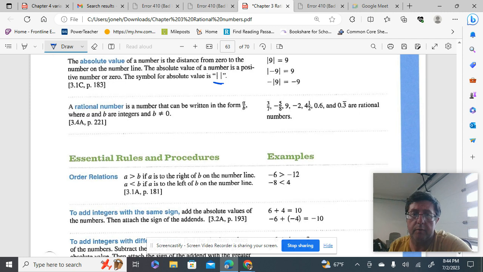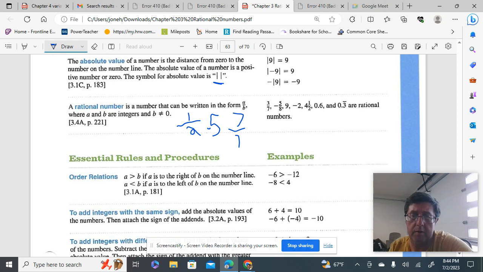If you were to do 1 divided by 2, you would get 0.5 as your answer, and that would be a rational number. It's called a terminating decimal. All it goes to is 5. Now, if you had 7 over 1, that's just 7, and 7 is a rational number.